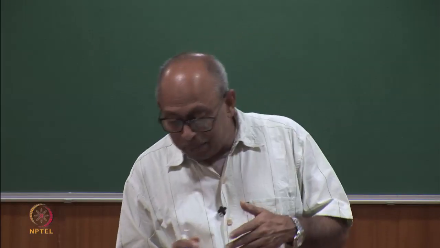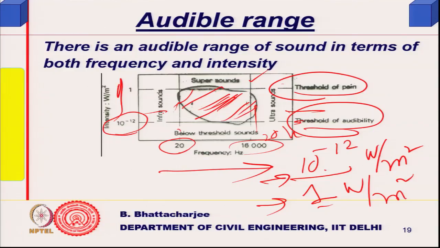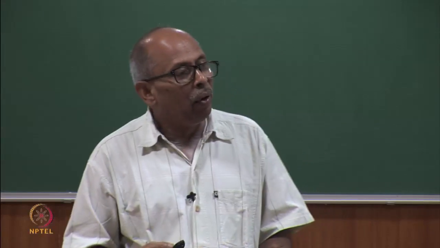If I divide by this value and take log, this becomes 0, and dividing by 10 to the power minus 12, this becomes 10 to the power 12, so I vary from 1 to 12. Multiplied by 10, you get 1 to 120. So that is a decent scale.